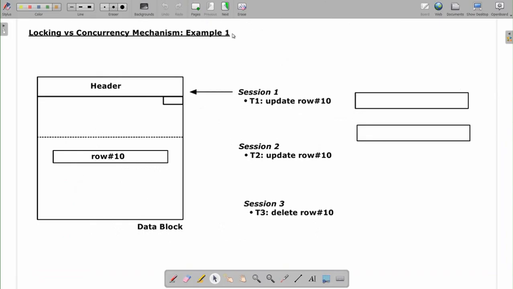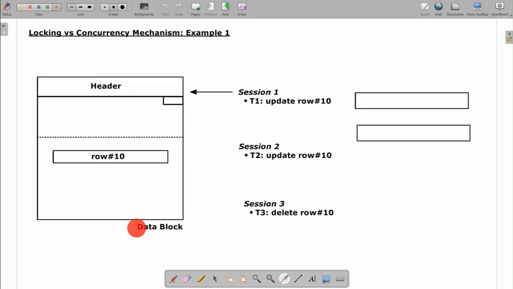So this diagram is giving you a concept of locking and a concept of concurrency. Sometimes you may be confused, locking as a concurrency and concurrency as a locking. I made one very simple example here. This is my database block.